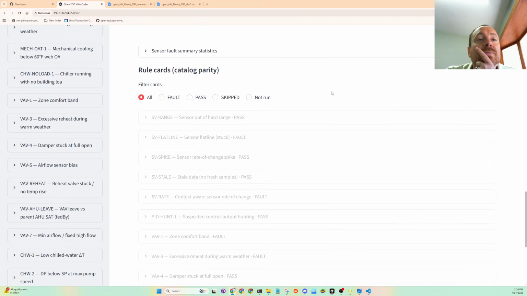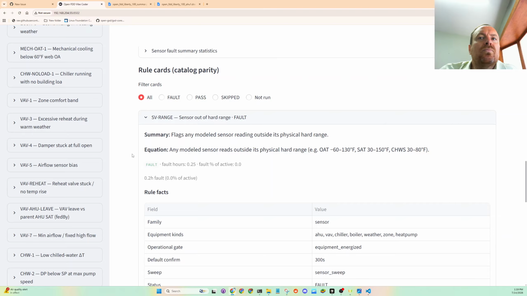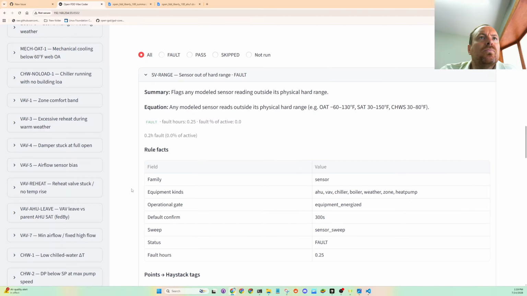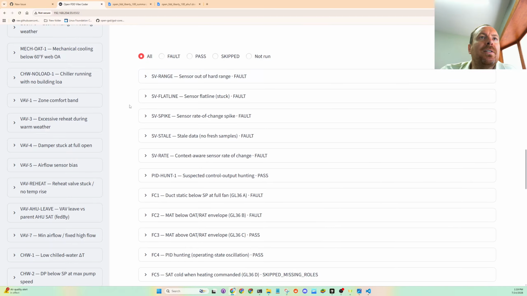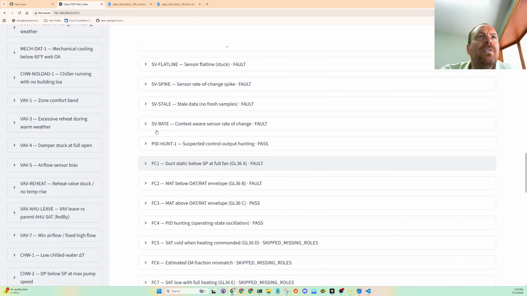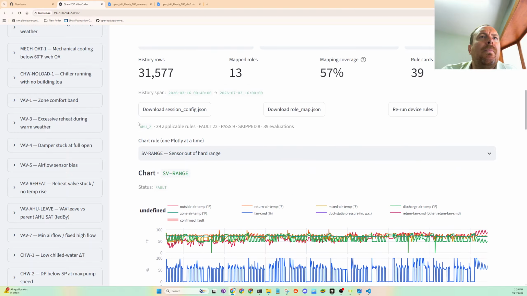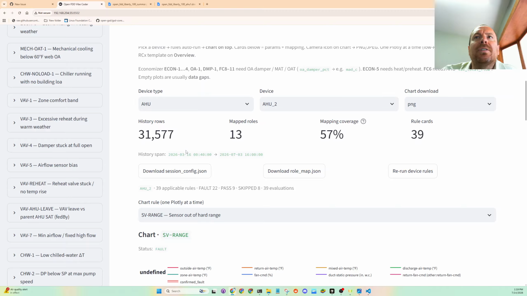Still crunching some numbers. I think this app will get better and better too. Okay, we're still in air handling unit 2.